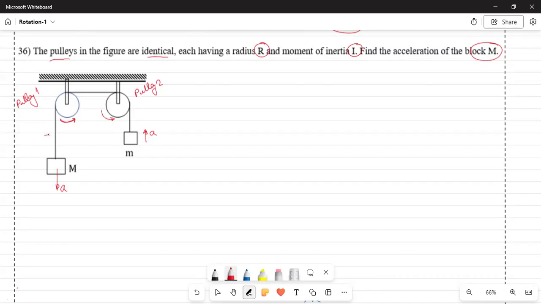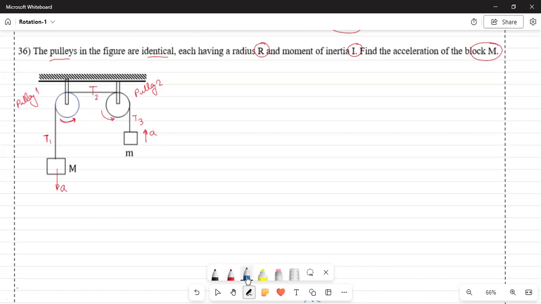There will be a tension T1 here in the string, and tension T2 here. T1 and T2 are different because of the moment of inertia of this heavy pulley. Similarly, T2 and T3 will be different because of the moment of inertia of this pulley. In your earlier kinematics chapters, all pulleys were light pulleys, so all these tensions T1, T2, T3 were the same. Now it is different.